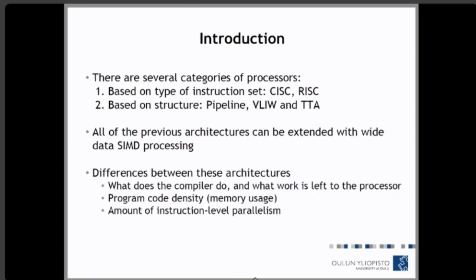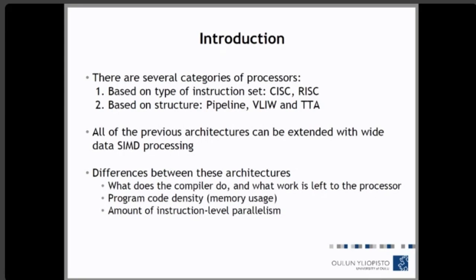There are different categories of processors, and each category divides the architectures based on some criteria.